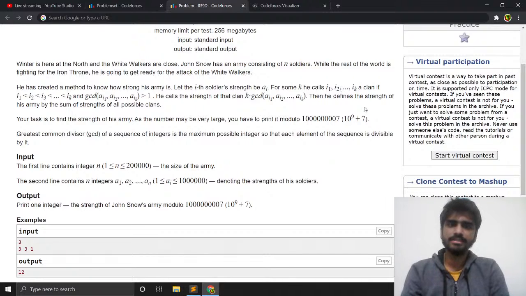Then he defines the strength of his army as the sum of strengths of all possible clans. The task is to find the strength of his army, as the number may be very large. Modulo 10 to the power, okay.